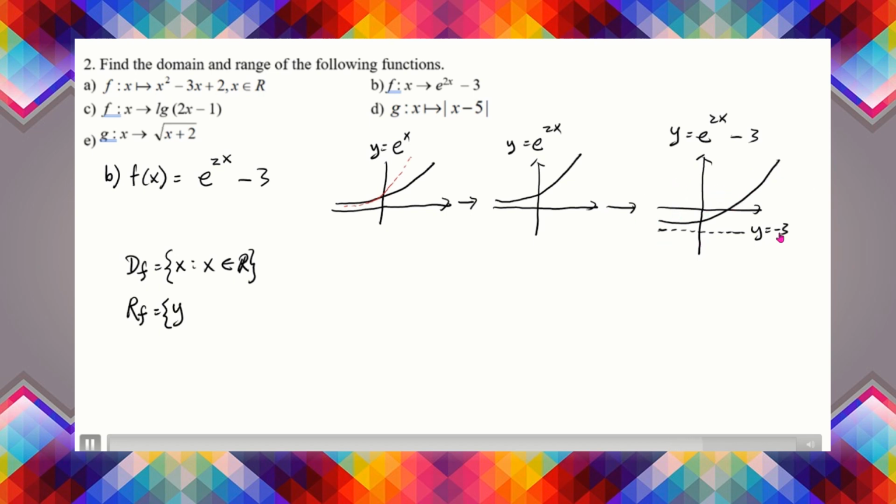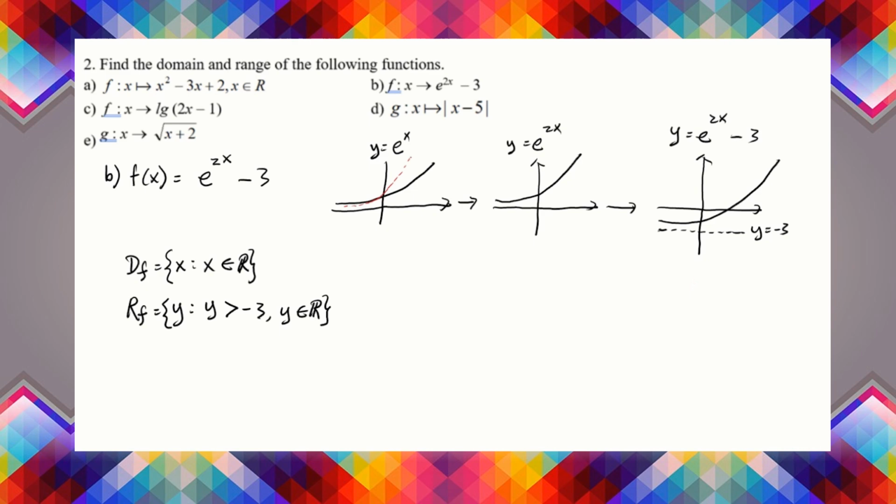But below -3, the horizontal straight line will not intersect the curve. So the range of y is greater than -3, but not equal to -3, because -3 is the horizontal asymptote.